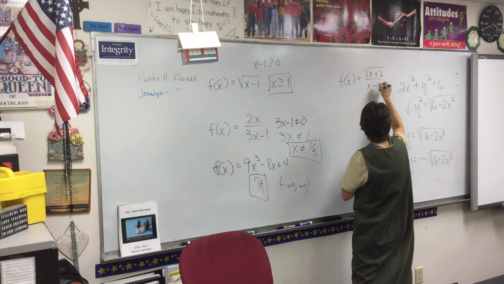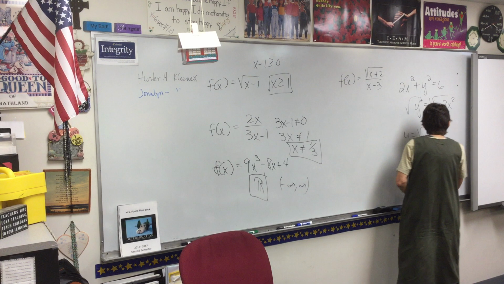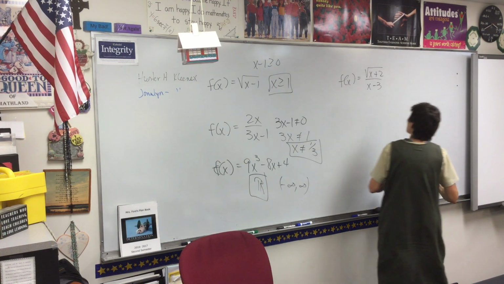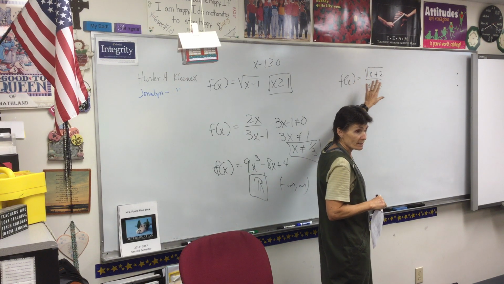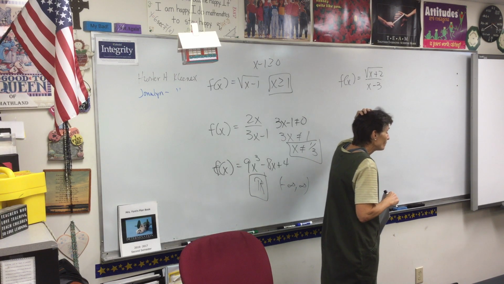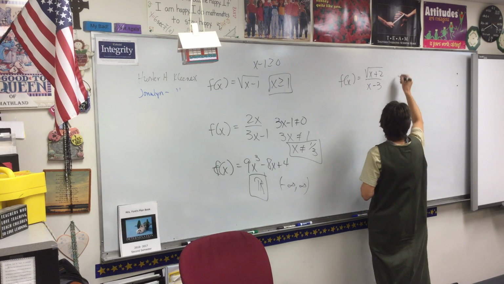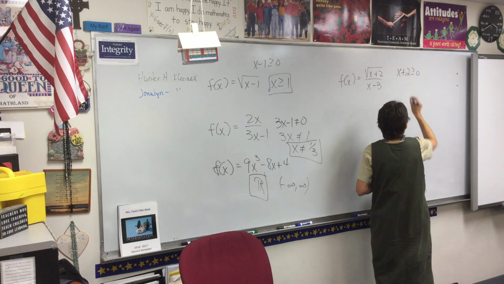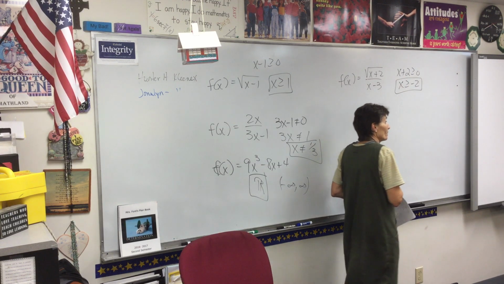Now what's going to happen here when I do this problem? I'm going to have 2 answers, and the reason is because I have both issues, right? So what's the radical rule again, Sam? Whatever is underneath is greater than or equal to 0, so X is going to be bigger than or equal to negative 2 in this problem.